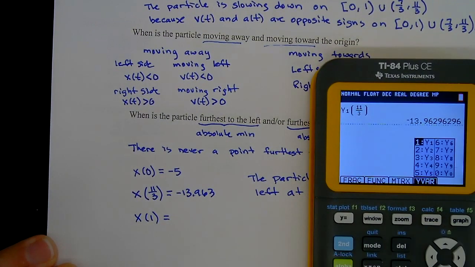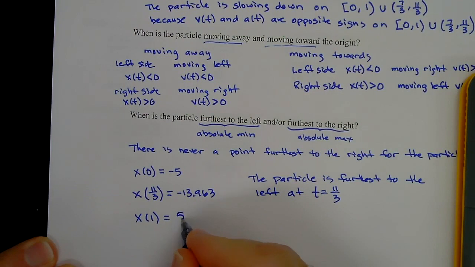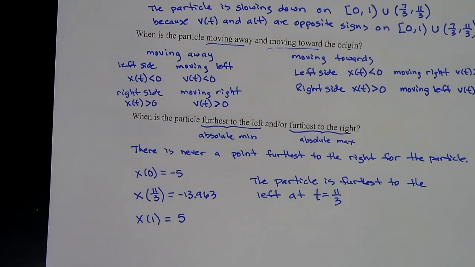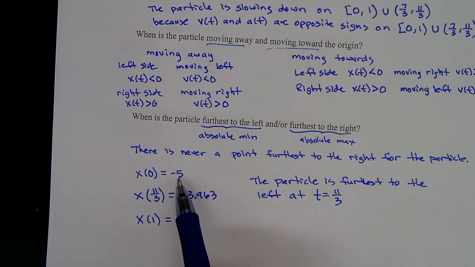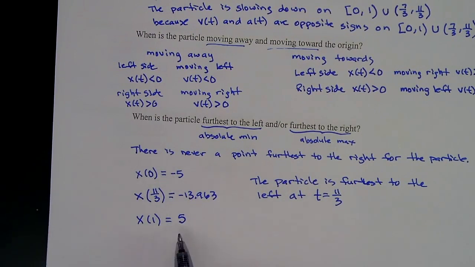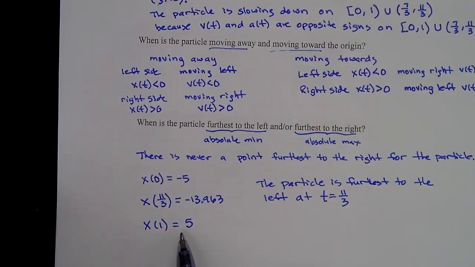That's why I'm saying that. If we did x of 1, then that would be 5. So we started at -5. From 0 to 1, we moved all the way to 5. Now we're at position 5 on the x-axis. And then from 1 to 11 thirds, we moved left, and then we wound up at negative 13.96.